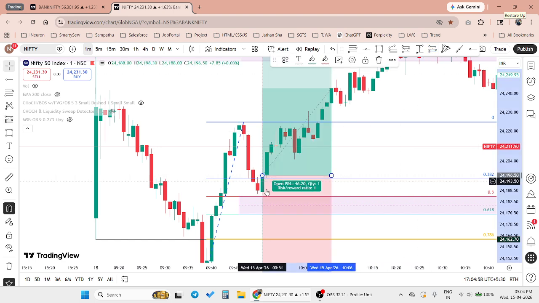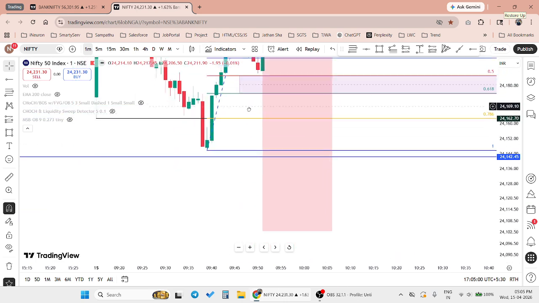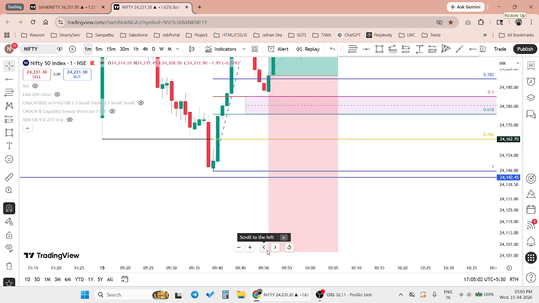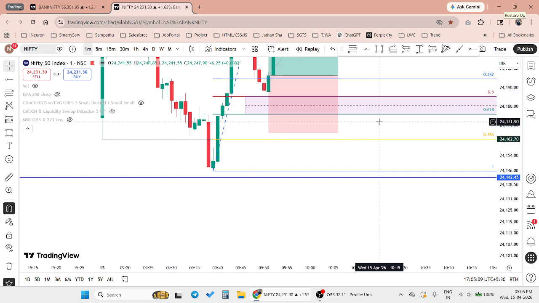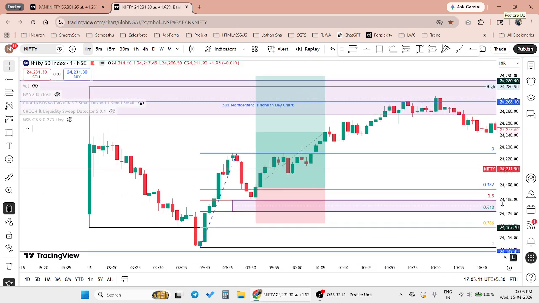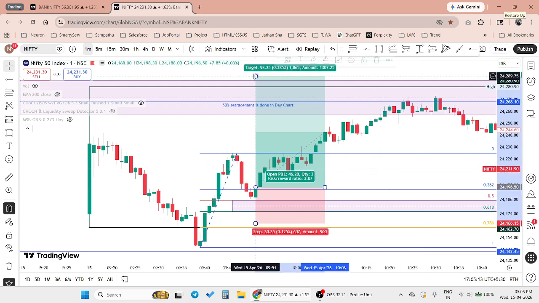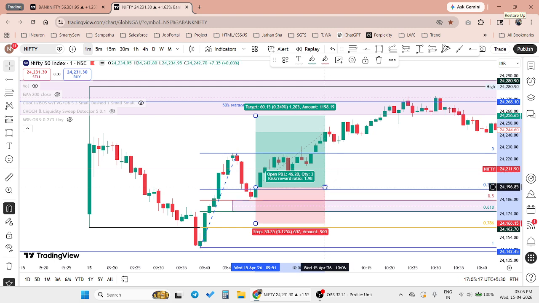See, here is the long position. As I said, what is our risk reward? It's 1:2. So 30 is my risk, 30 points in spot price, and 60 is my target. See, look at here.